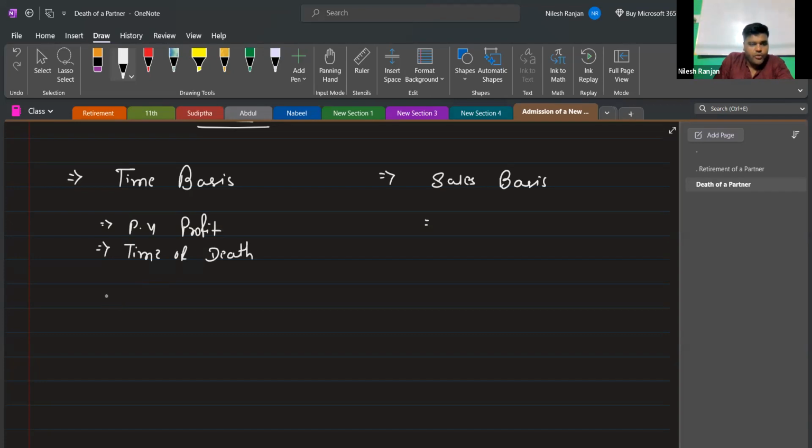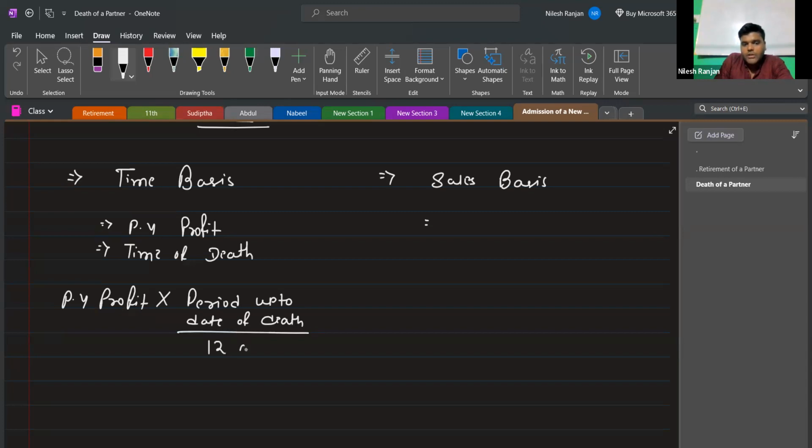So what you have to do, you have to take previous year profit, multiply it with the time period up to date of death, divided by 12 or 365.